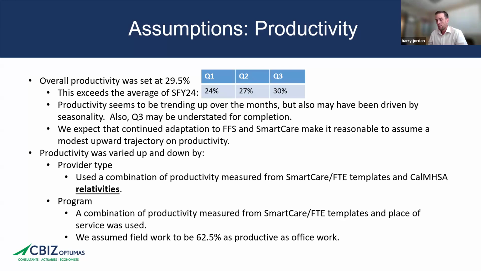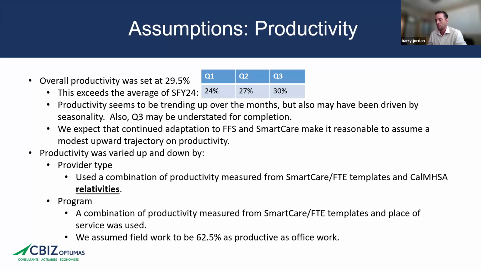And at the program type level, a combination of productivity from the Smart Care and FTE templates was used. And we also looked at the place of service. So the idea is that if we have programs that have a higher concentration of field work compared to office work, it's more likely, all else being equal, that that provider type or that program will be less productive because there's more travel time, and a little bit less face time because of the nature of the field work.